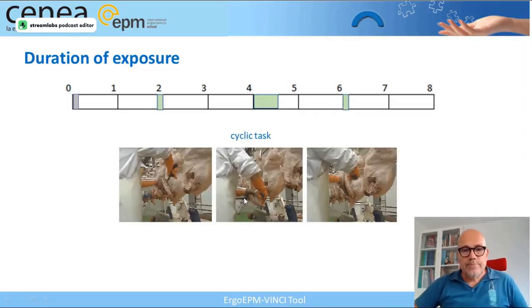Let's imagine that the person is performing a cyclical task in a food industry where meat is being processed, and the person is making some cuts of the meat. Cycle time is 8 seconds.